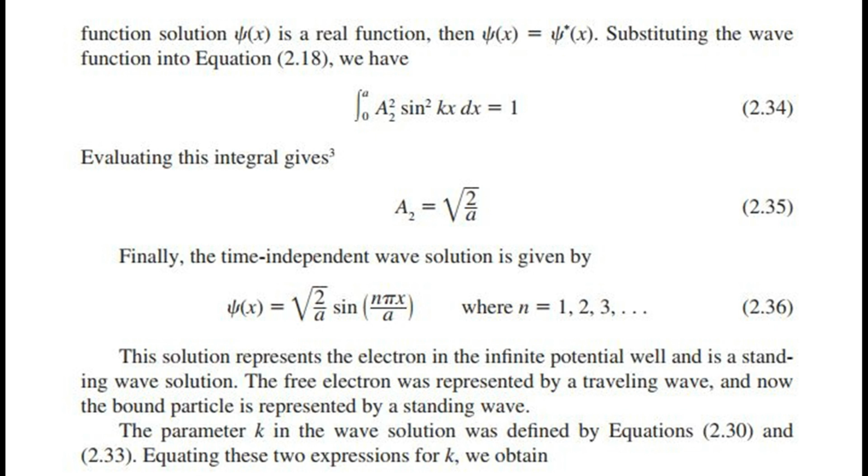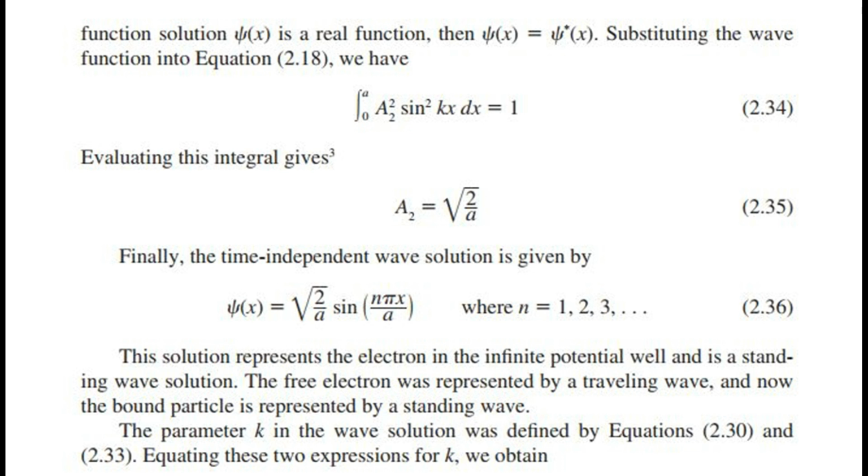Finally, the time-independent wave solution is given by equation 2.36, where n = 1, 2, 3, and so on. This solution represents the electron in the infinite potential well and is a standing wave solution. The free electron was represented by a traveling wave, and now the bound particle is represented by a standing wave.